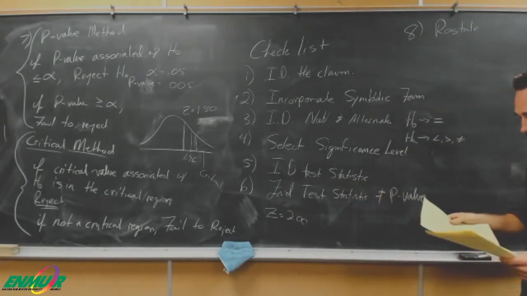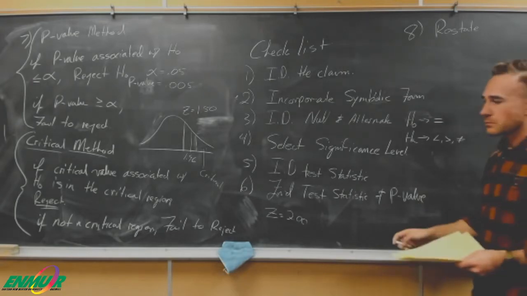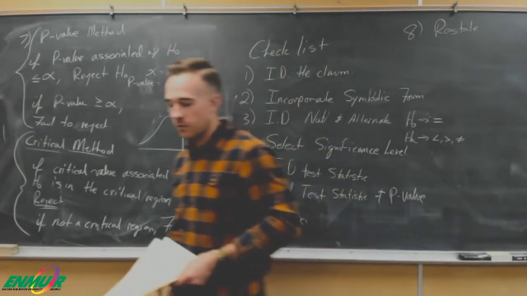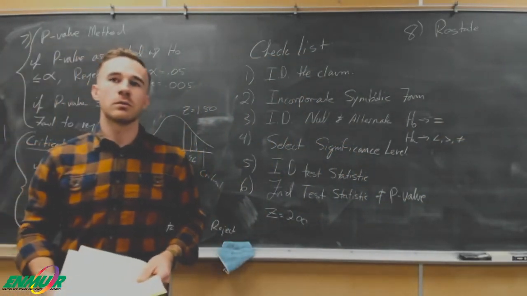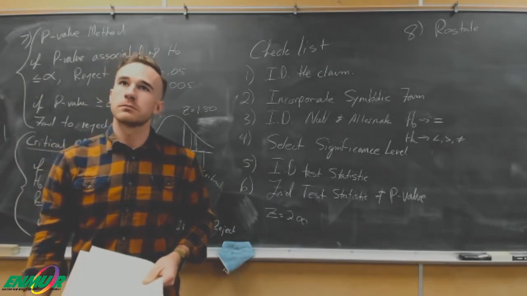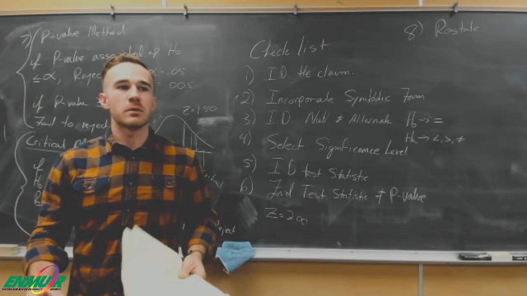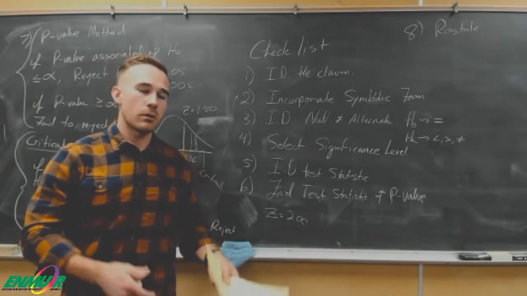And what that means, essentially, is you're going to use terminology of, we do not have sufficient evidence to accept the alternate hypothesis, thus we fail to reject the null hypothesis.